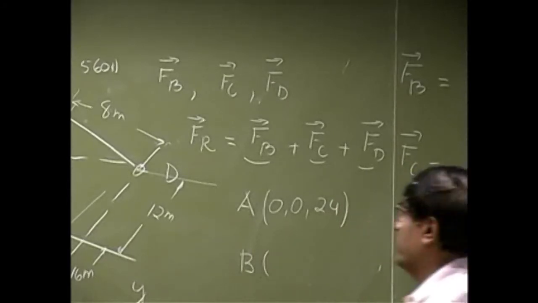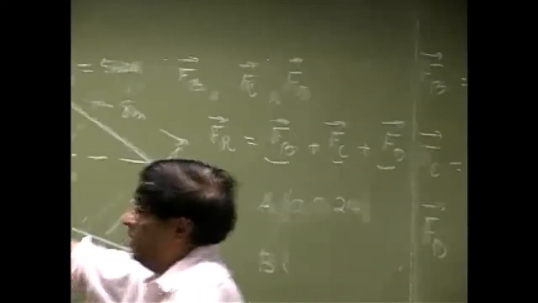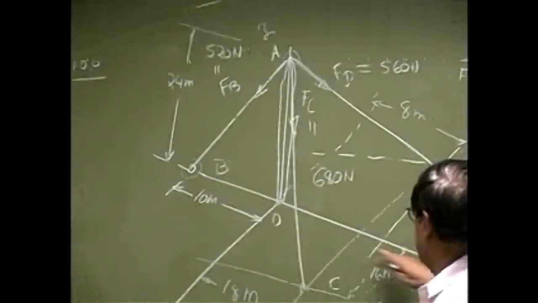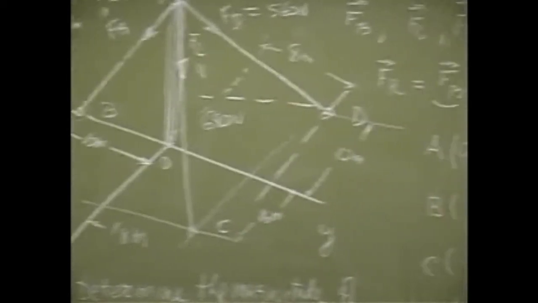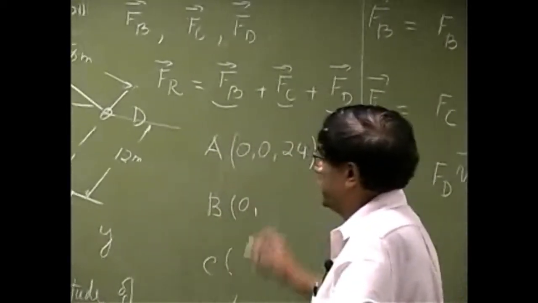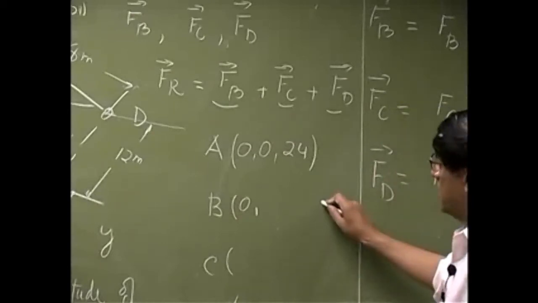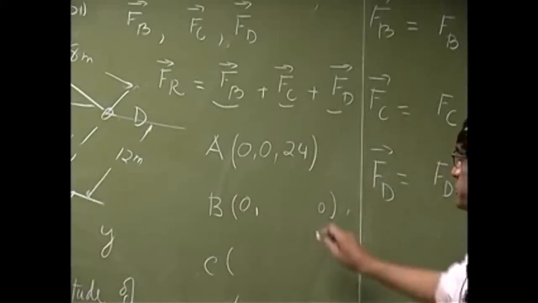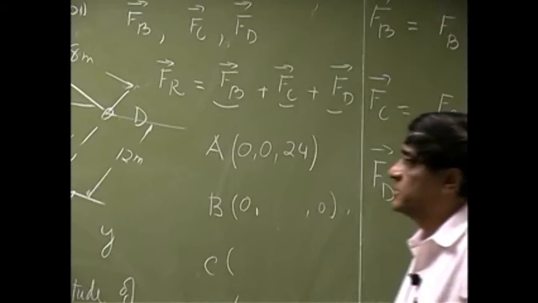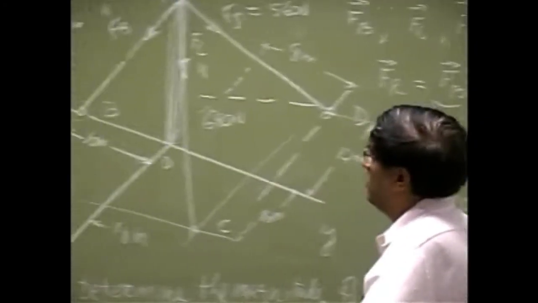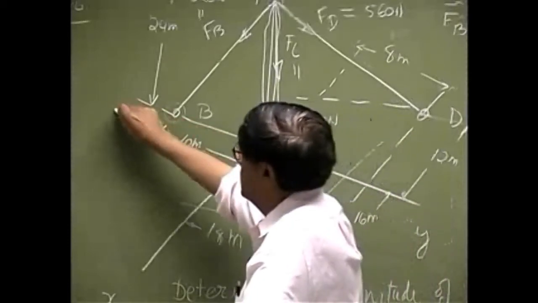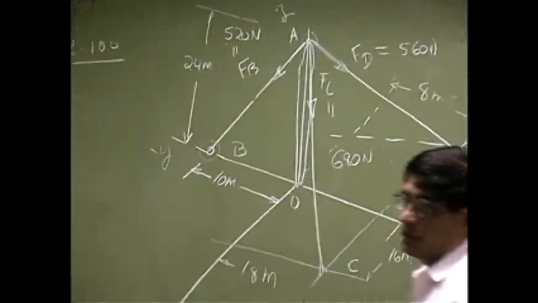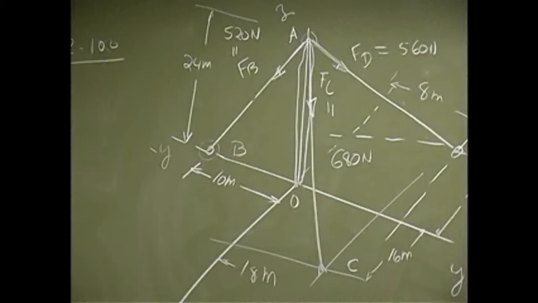Then when I look at the point B, it's along the y-axis. So being along the y-axis, the x-coordinate should go to 0 and the z-coordinate should go to 0. The only thing which is non-zero is the y-coordinate, and the point is on the negative y direction. So the y-coordinate becomes negative 10.